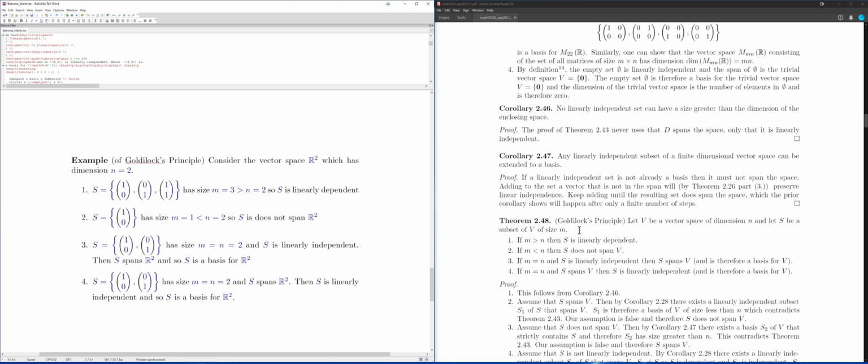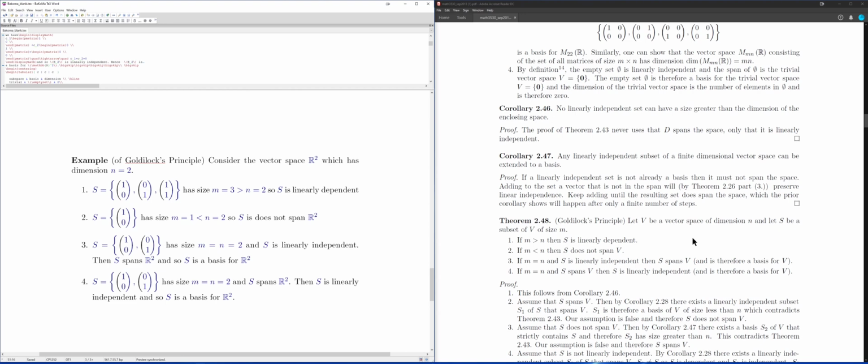So let's take a look at something called Goldilocks' principle. This is Goldilocks and the three bears and so on. What this does for us is that if I have a vector space and I know its dimension is small n, and I have subsets of a certain size, whether the subset is of size bigger than small n or smaller than small n, then I can actually say certain things about that subset.